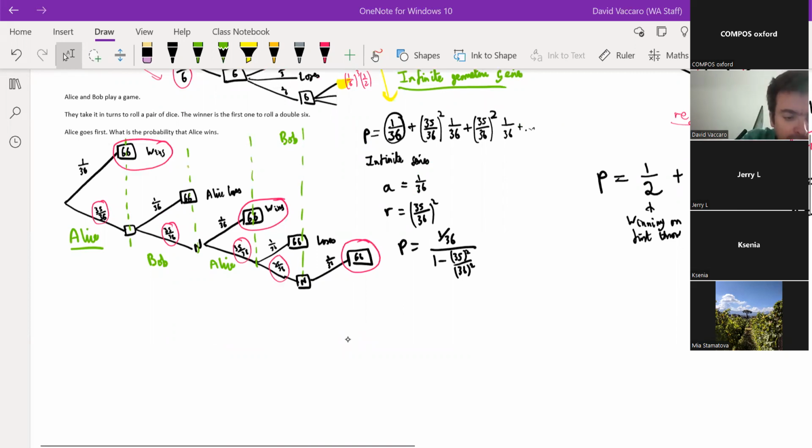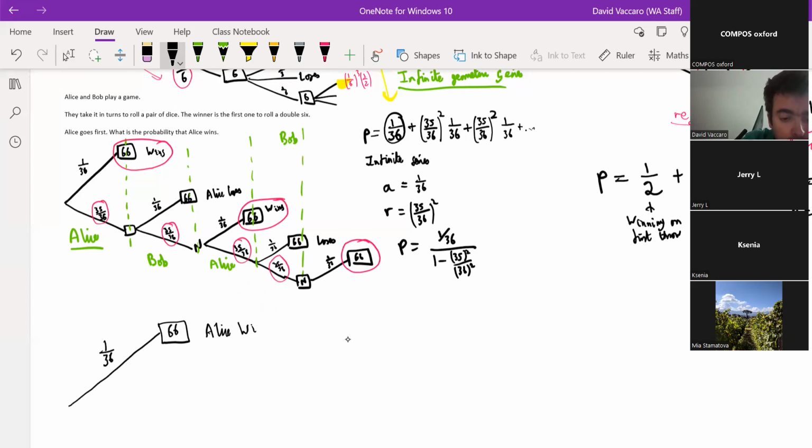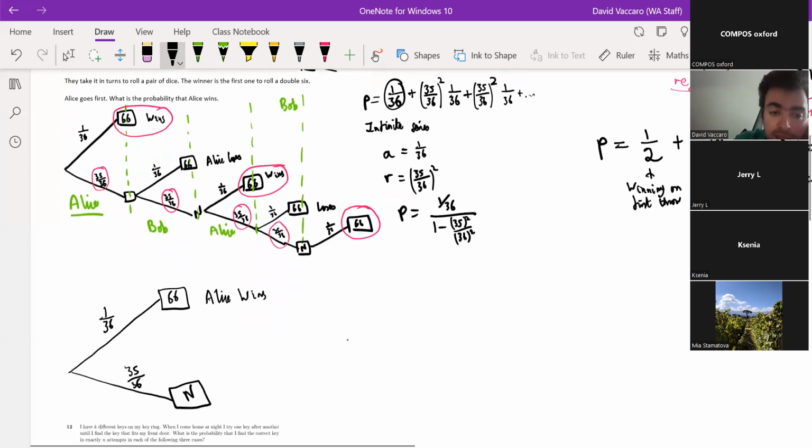So I'll still draw the first toss. So we've got the first toss is 1/36, and then Alice wins. We've then got 35/36, and then we don't, so that's not a double 6.